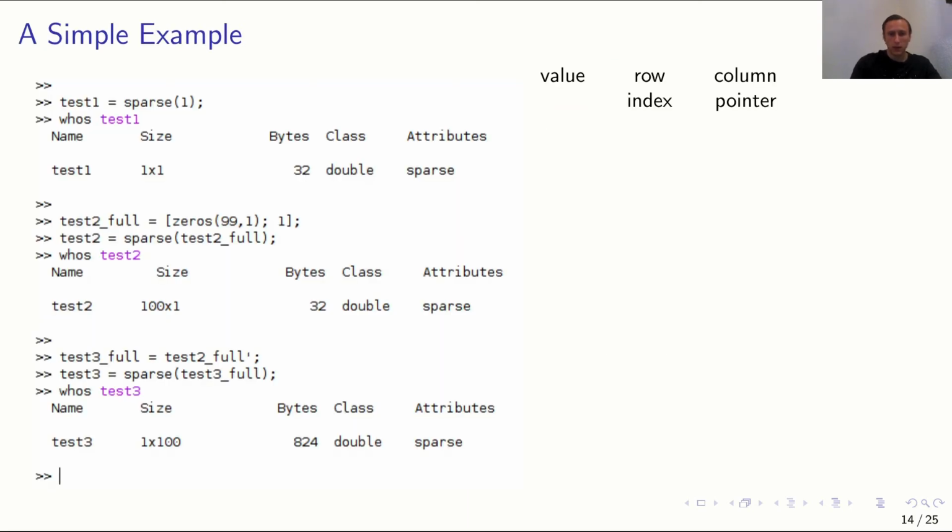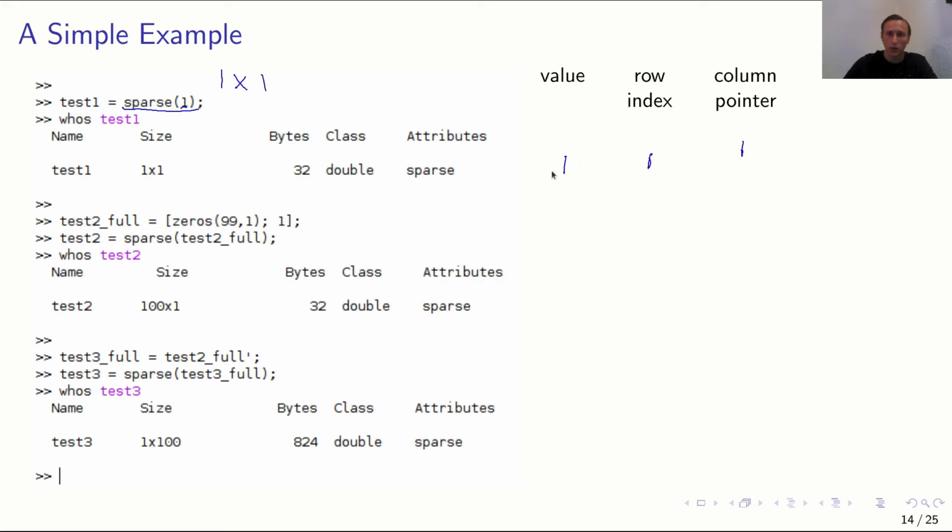Now, to illustrate this, here's a very simple test. So say that we store a 1/1 scalar value of 1 in a sparse format in Matlab. Then we need to store the value, of course, which is just the value 1. We need to store the row index. Since it's a 1/1 object, this is just going to be 1. We need to store a column pointer.